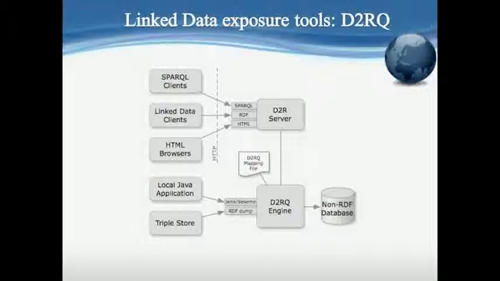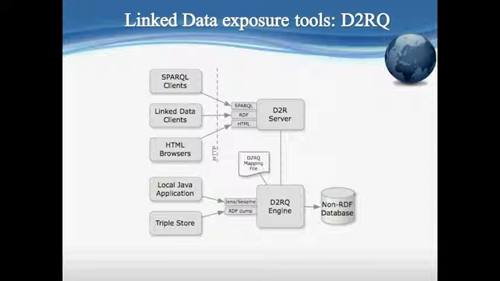For example, D2RQ is one of the services that you can use. D2RQ has a mapping file. So in the mapping file, you can say, if you get this information from the database, you can map this information from tables to linked data formats and to these vocabularies as well.